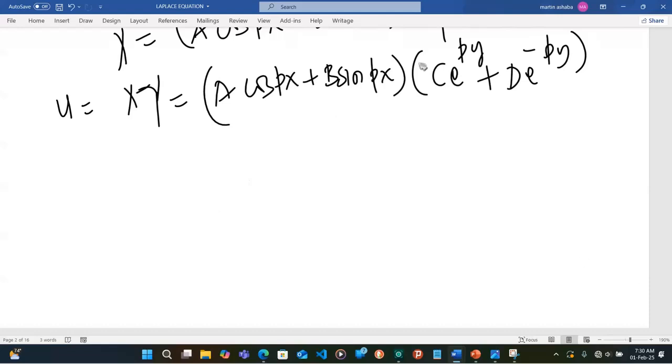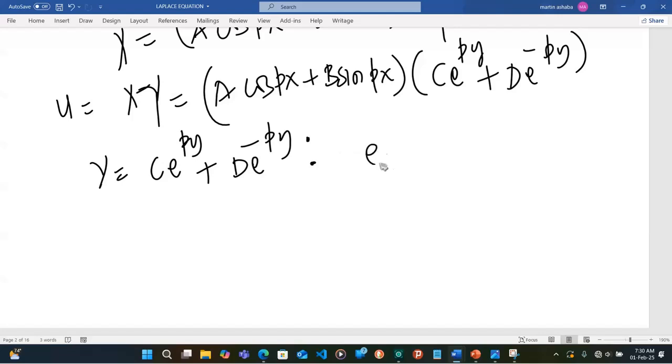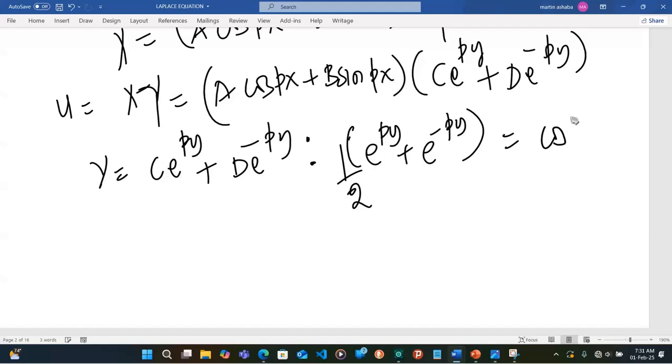Now we can do a little more manipulation of y, equivalent to c exponential of py plus d exponential of negative py, by putting it into hyperbolic functions. So we know that e^py plus e^negative py, everything over 2, is equal to hyperbolic cosine py.